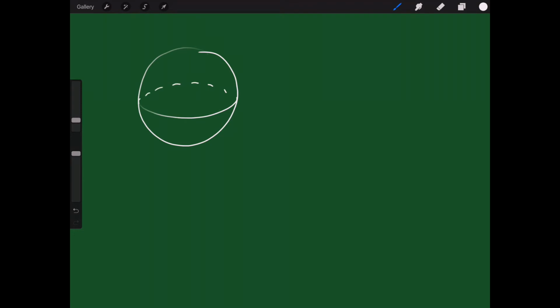And let's say that the sphere itself is filled in. So the sphere is more of a ball, really. It's the outside of the sphere, including the interior. So typically we call that a ball.